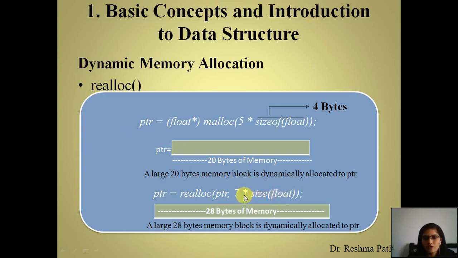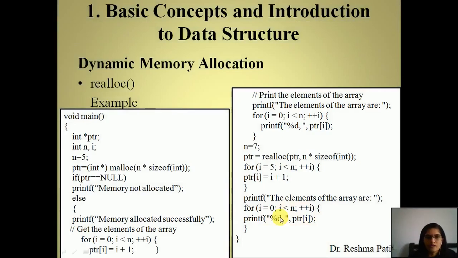It will allocate memory for 28 bytes. Previously it was 20 bytes of memory for ptr, now it is changed to 28 bytes. These 20 bytes are still there in the memory. Only 8 bytes are increased by using this realloc function. For 8 bytes, it means there are 2 float elements we have to store into this allocated memory. This is the example of reallocation.